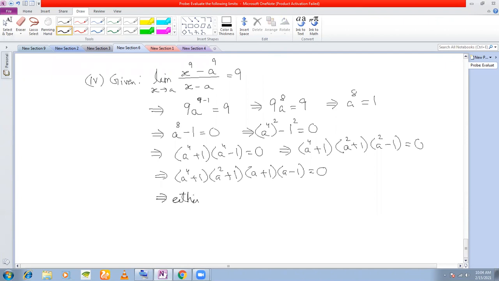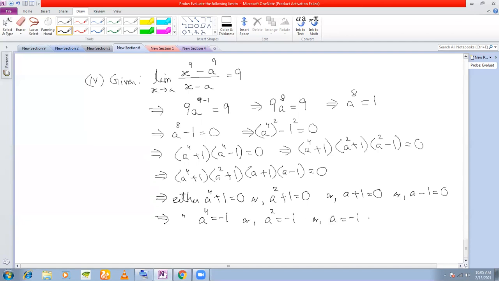Either a to the power of 4 plus 1 is equal to 0, or a square plus 1 is equal to 0, or a plus 1 is equal to 0, or a minus 1 is equal to 0. So that means either a to the power of 4 is equal to minus 1, or a square is equal to minus 1, or a is equal to minus 1, or a is equal to plus 1.